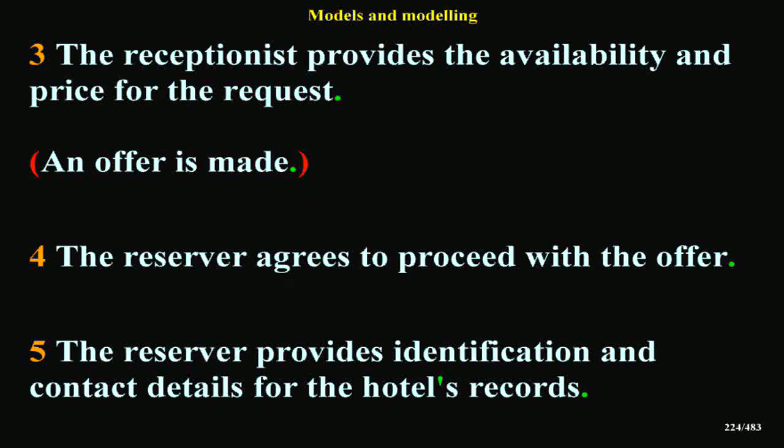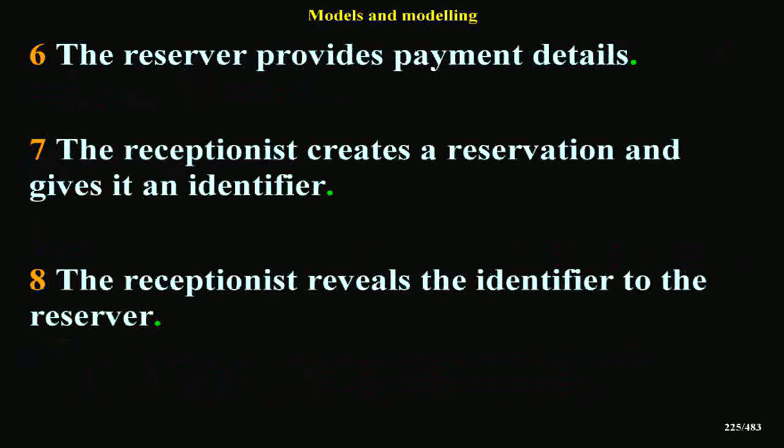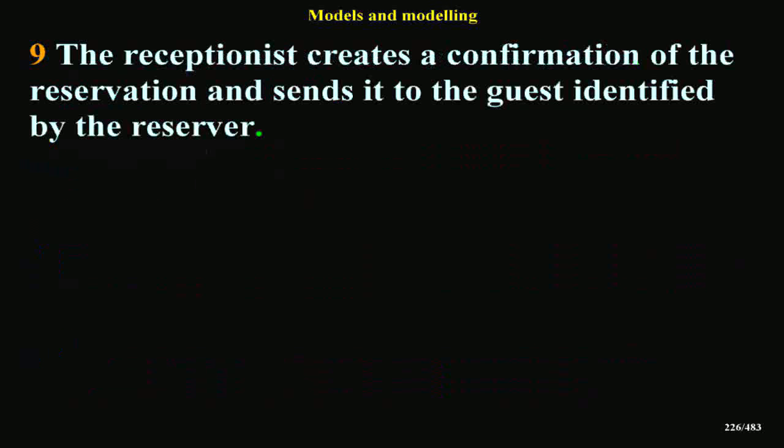The reserver provides identification and contact details for the hotel's records. 6. The reserver provides payment details. 7. The receptionist creates a reservation and gives it an identifier. 8. The receptionist reveals the identifier to the reserver. 9. The receptionist creates a confirmation of the reservation and sends it to the guest identified by the reserver.